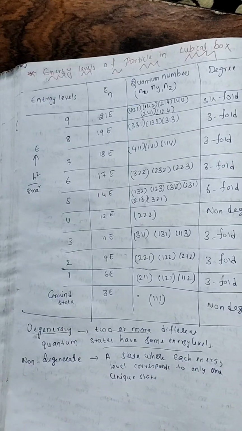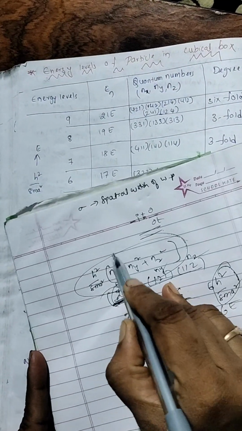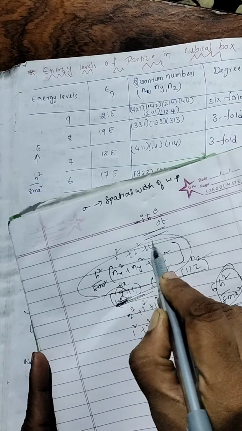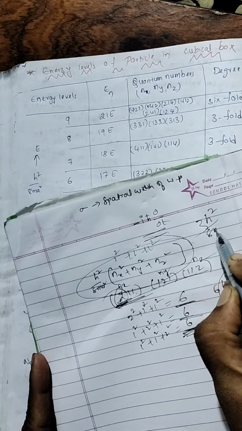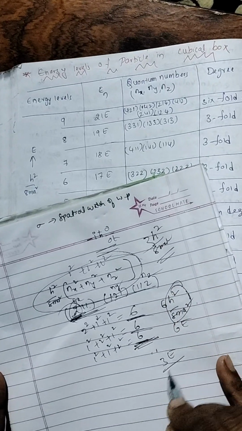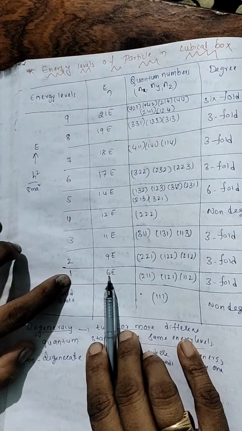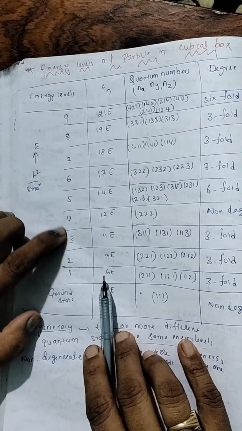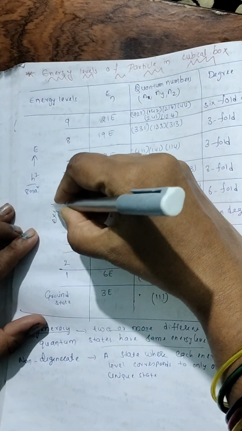Using the formula I wrote, it is 3 h square by 8 ma square. h square by 8 ma square is E, so 3E. Next, this is the first excited state. Second, third, fourth, fifth, sixth, these are all the excited states.